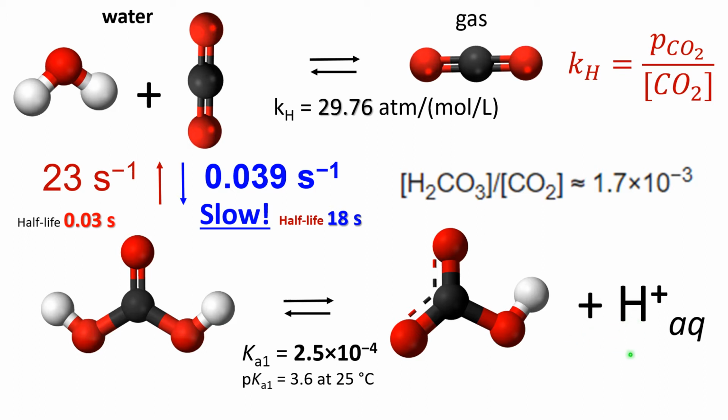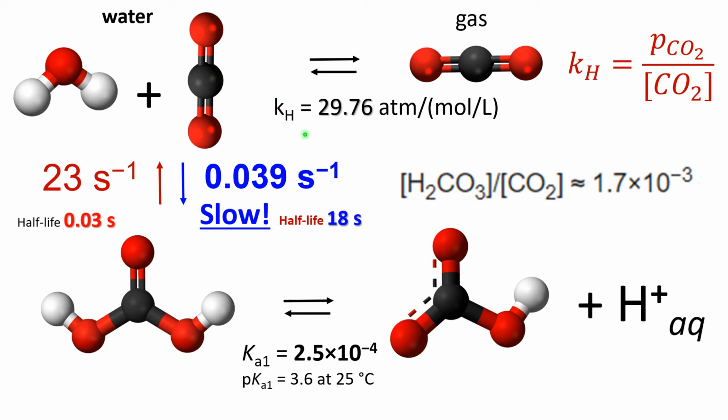When we make H plus ion, we reduce pH value and make our solution acidic. That's why acid.